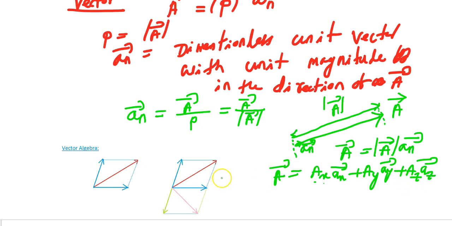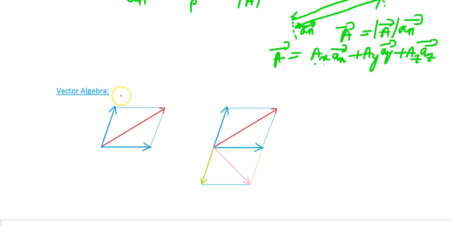Vector algebra: addition, subtraction, then we'll go for multiplication like dot product, cross product. If this is your vector A, this is your vector B, then this vector becomes A plus B using the triangle law of vectors.